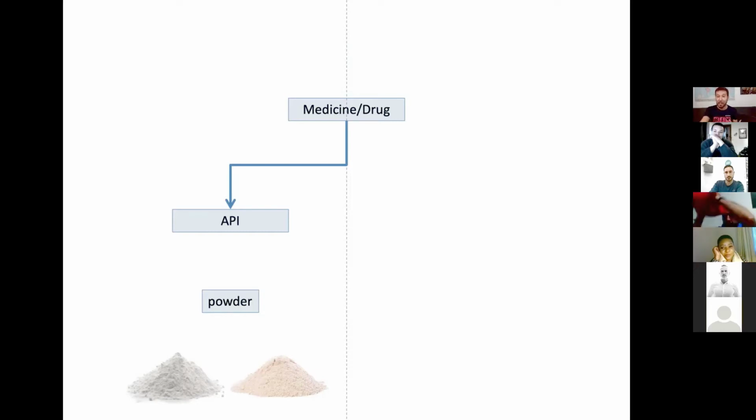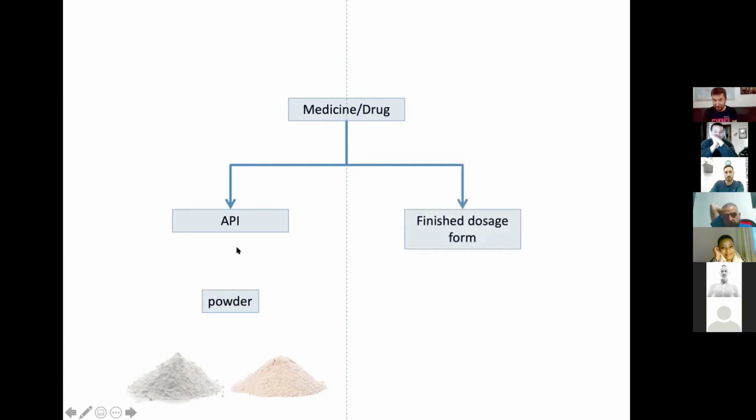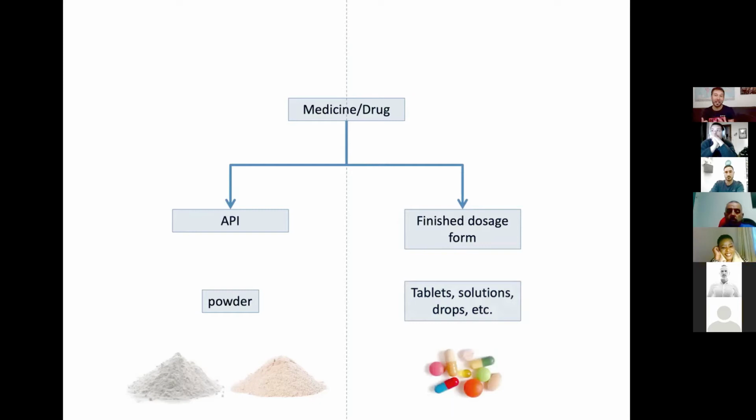So this is why people developed the second part of medicine. This is usually called the finished dosage form, and this is exactly what we usually see now in the pharmacy: tablets, solutions, drops, and so on. This was developed in the past because chemistry has a bitter taste, and sometimes there is also the issue of shelf life.